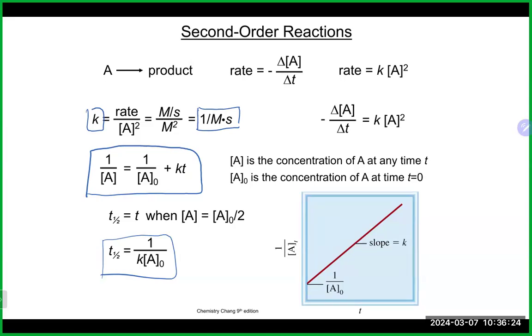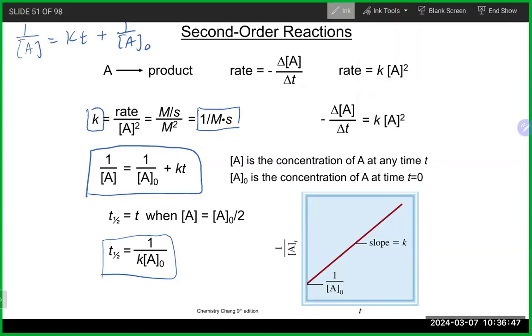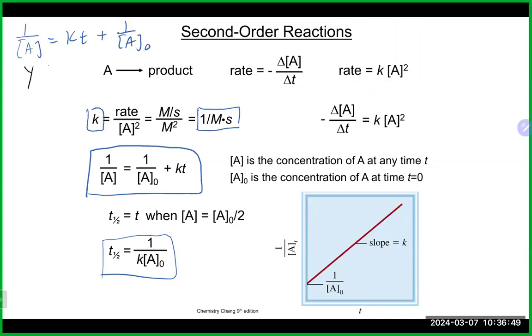We can also take this equation here, which is all our same things, our final concentration, initial concentration, rate constant, and time. We could rearrange this equation as 1/A is equal to kt plus 1/A naught. And this would be the form of our second order equation in a straight line of y is equal to mx plus b.